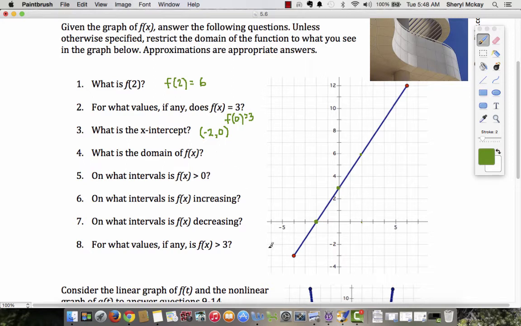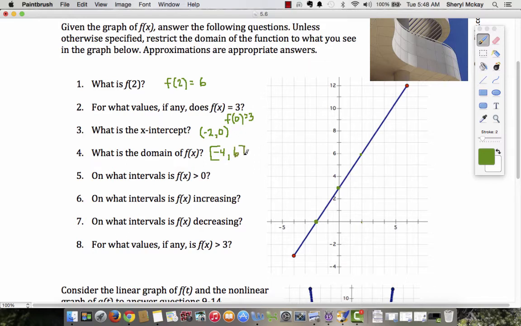We're going to say that it starts at and includes this point. So it starts at -4. Remember, domain measures along the x-axis. So we started at -4, and -4 was included. And we went until, let's see, this goes all the way down to 6.